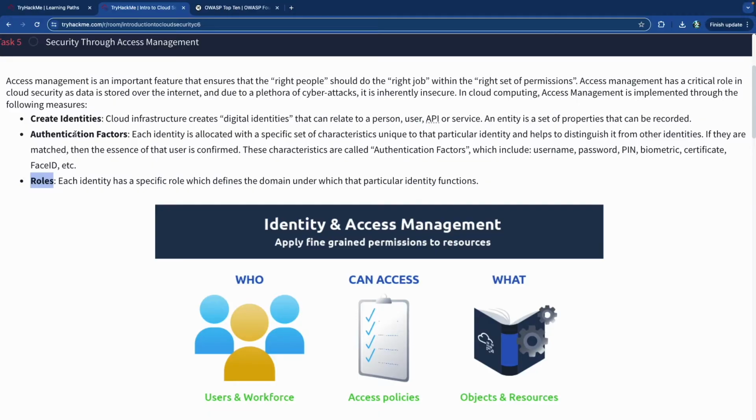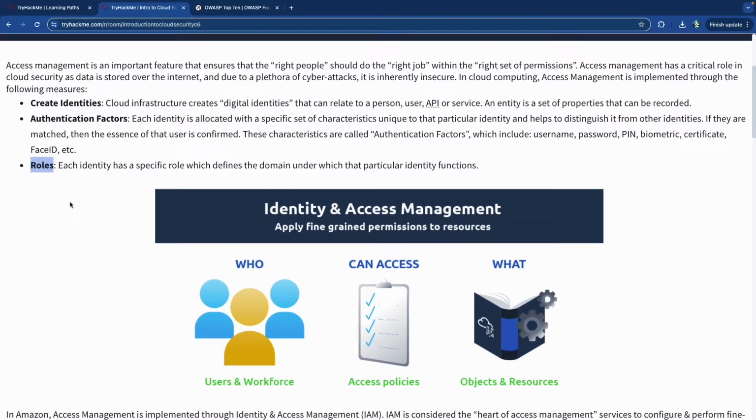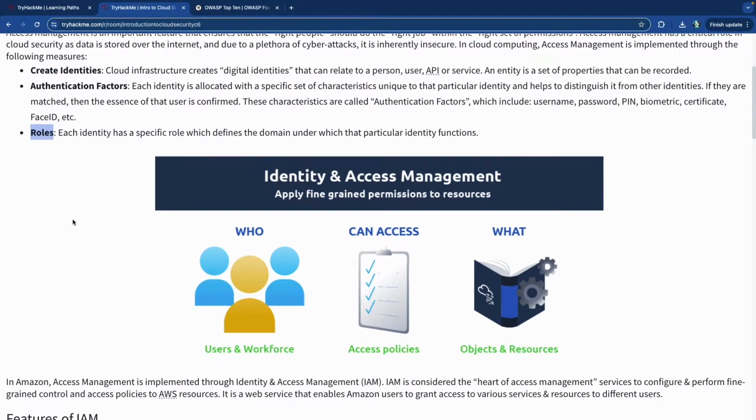Every time that person wants to access those services, they have to provide their identity, authenticate themselves, and then they get access to the services assigned to their role. So a bank teller has a different role and different permissions than the bank manager, and they should get access to different things according to their roles.